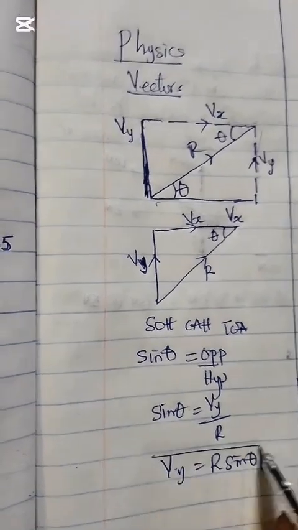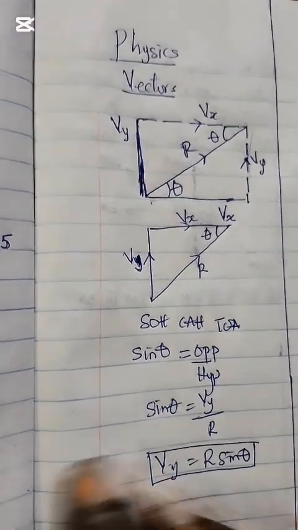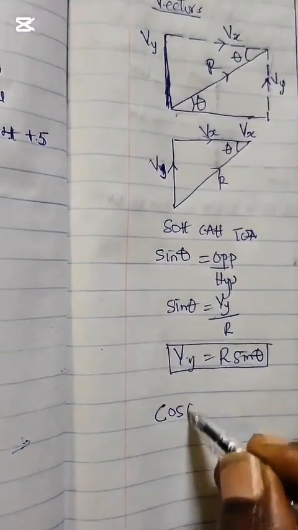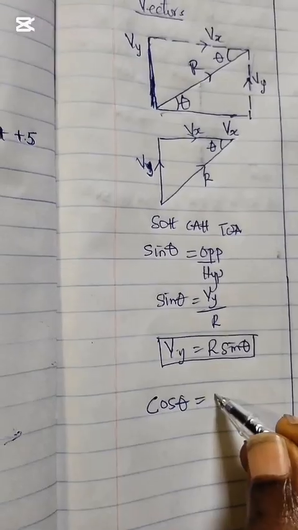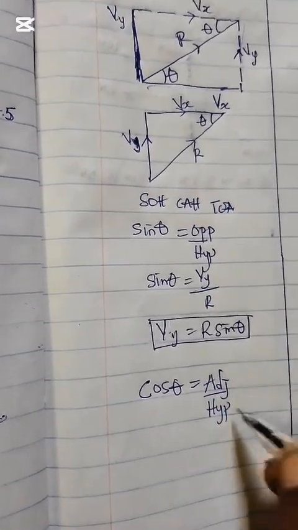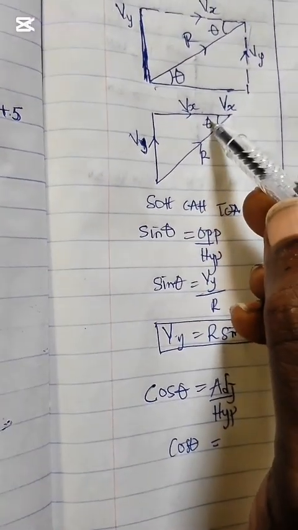So if you want to resolve a vector into vertical component, simply use sine theta. Then for the horizontal component, I'm going to have cos theta is equal to adjacent over hypotenuse. So cos theta will be equal to, what is the adjacent of this angle?